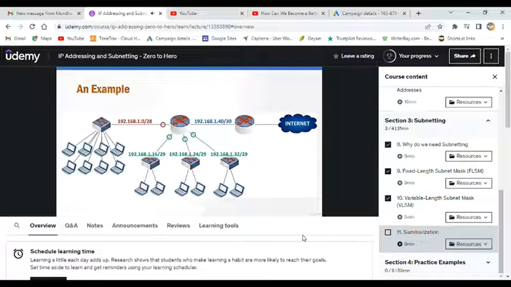That's going to be 192.168.1.40. Notice that if we have a /29 in the network 192.168.1.32/29, that means our last usable IP address in this subnet is going to be 38, and 39 is going to be the broadcast. So the next network ID is going to be 192.168.1.40.